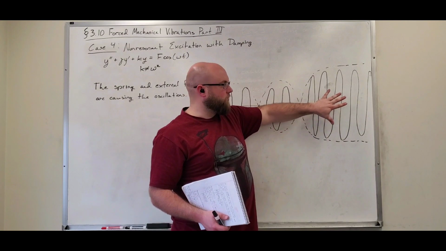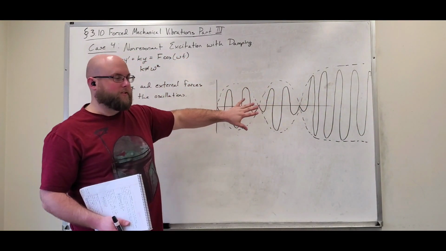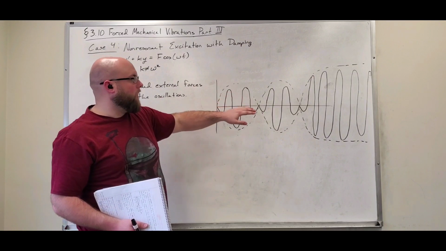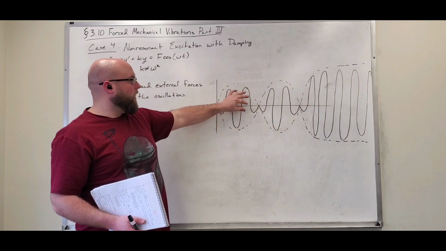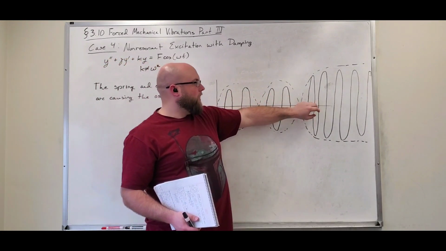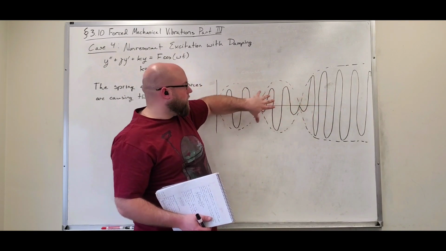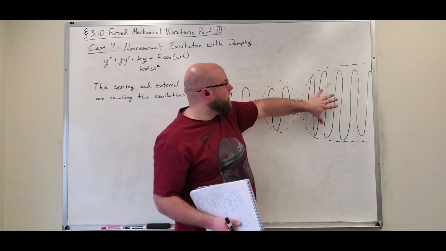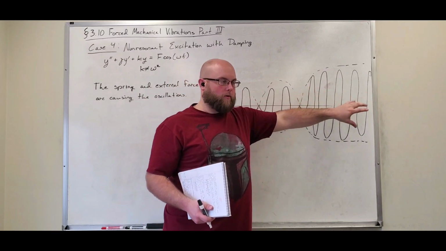So this is the external force taking over. This is the dampening effect in this part of the system working with the external force, so the destructive and constructive interference that's occurring. And then eventually, at some point over time, that dampening effect will no longer cause these beats to occur. And then you'll start seeing this happen, where the external force takes over.